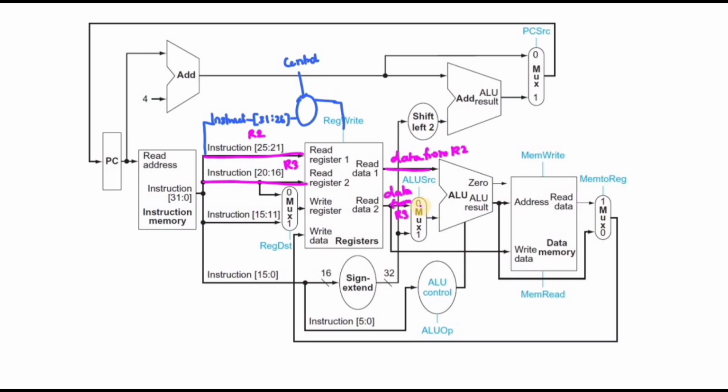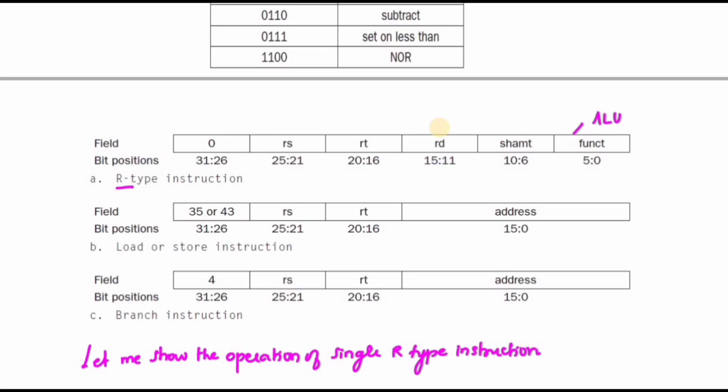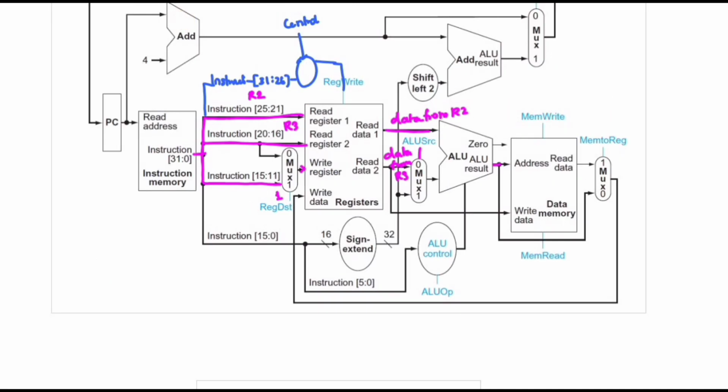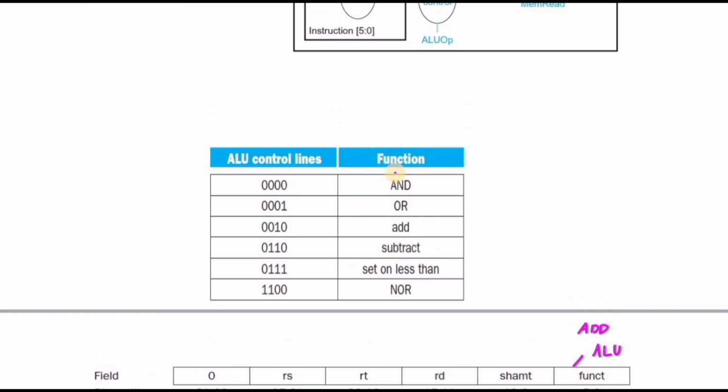Then these two get operated on, because the instruction bits 0 to 5 represent the function to be performed. Therefore, it goes to the ALU control.